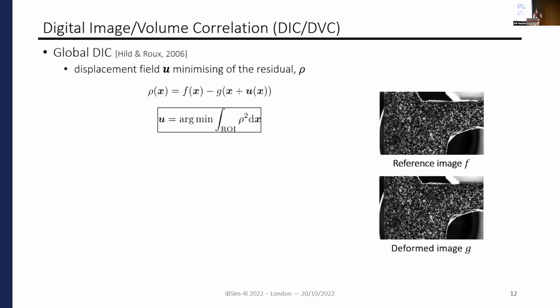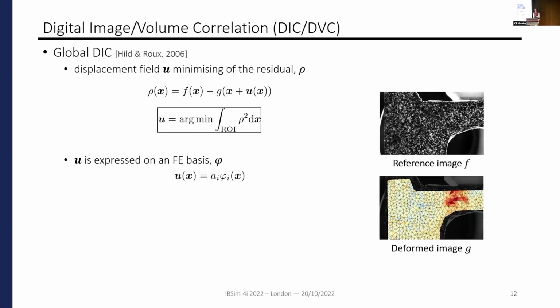The particularity of global digital image correlation is that we express this displacement field on a finite element basis. So any finite element mesh that respects some considerations about the images or the speckle pattern, as the size of the elements is typically determined by the texture of the image.